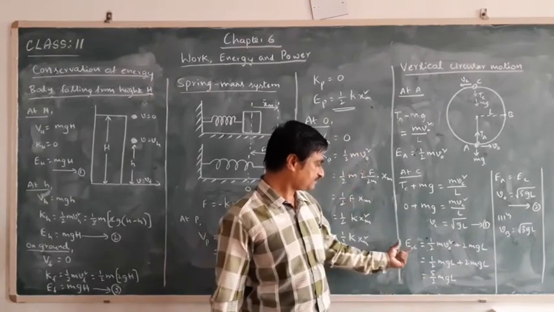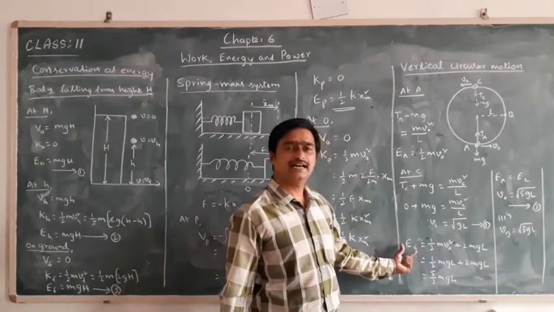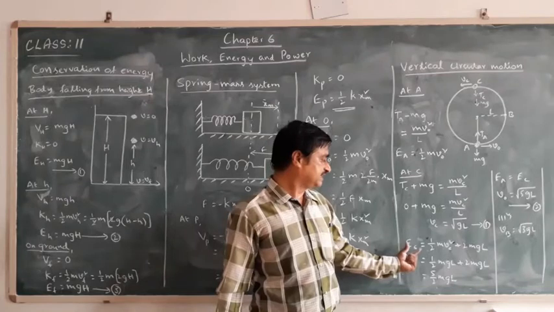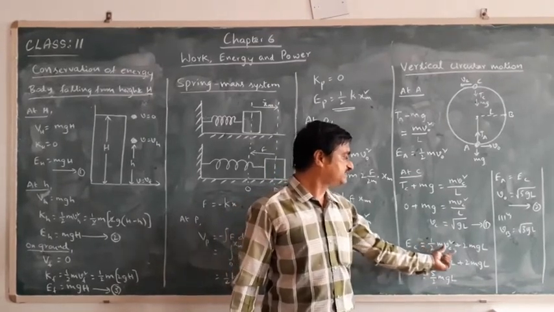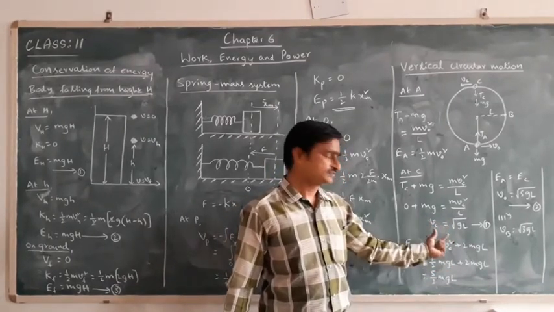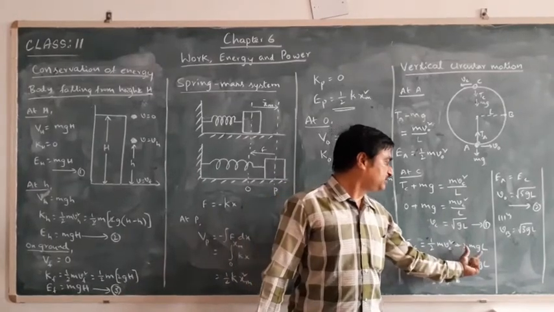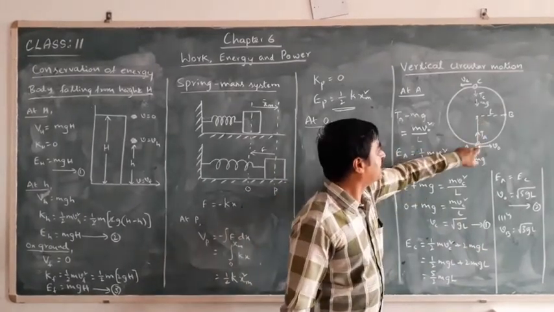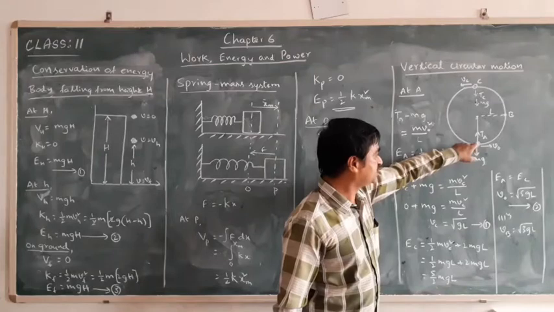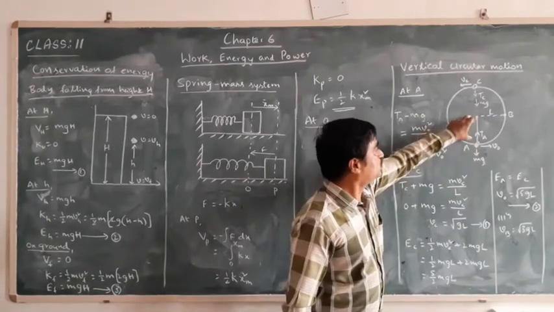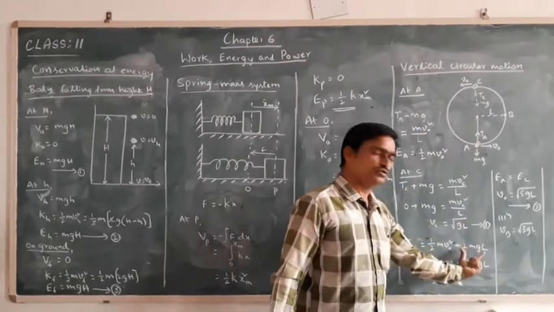Then again we calculate the energy at point C. This is equal to half m vc square, where vc is the velocity, plus mg into 2L. At this position we are taking the potential energy as 0. That is 2mgL.